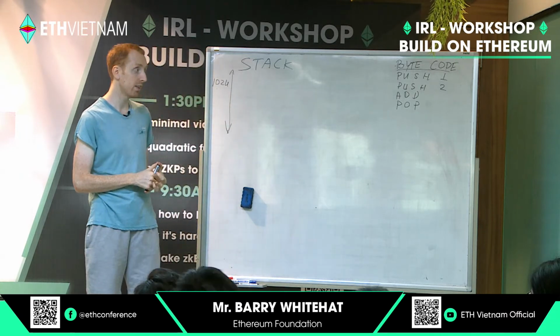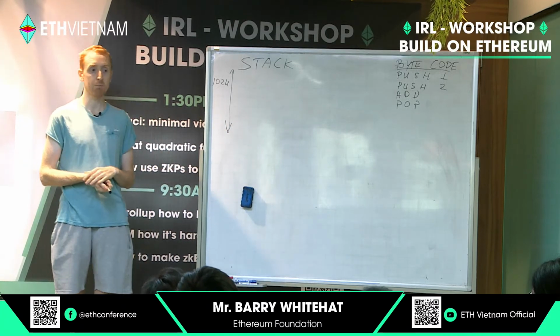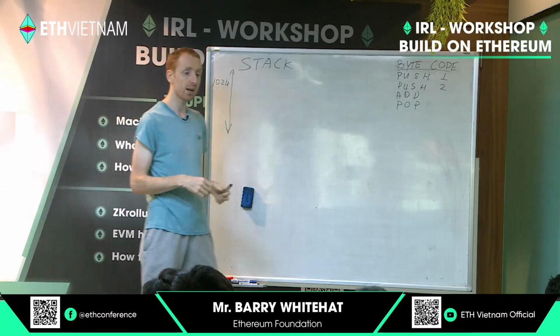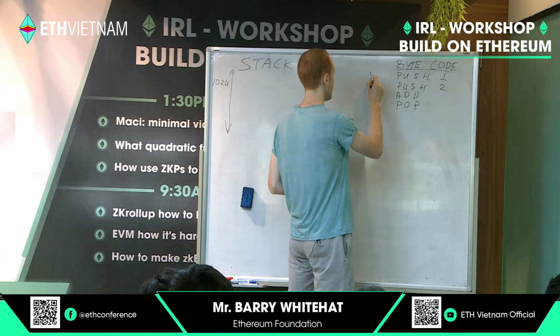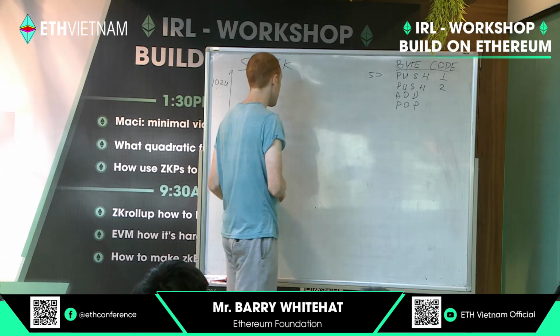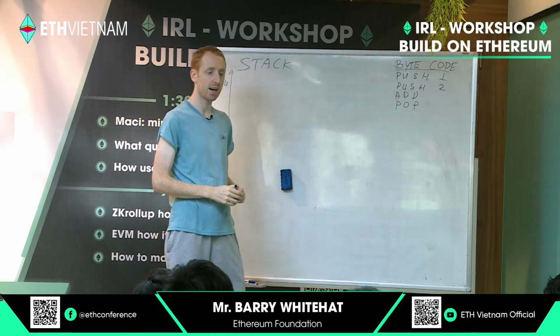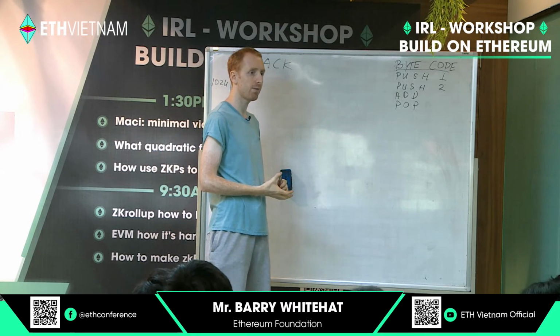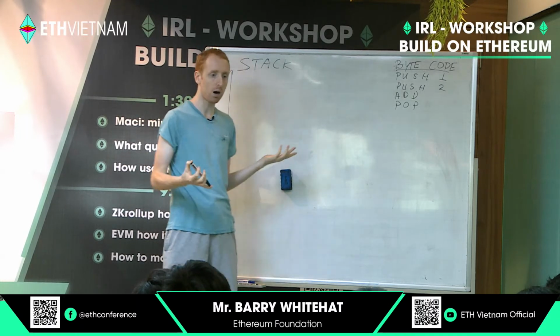The problem with doing this is that it's expensive to do that much hashing, especially when we're doing it per opcode. So let's look at the cost of these opcodes. These opcodes are all costing less than 5 gas. And an Ethereum block right now has 30 million gas. So 30 divided by 5 is 6 million push, add, and pops.